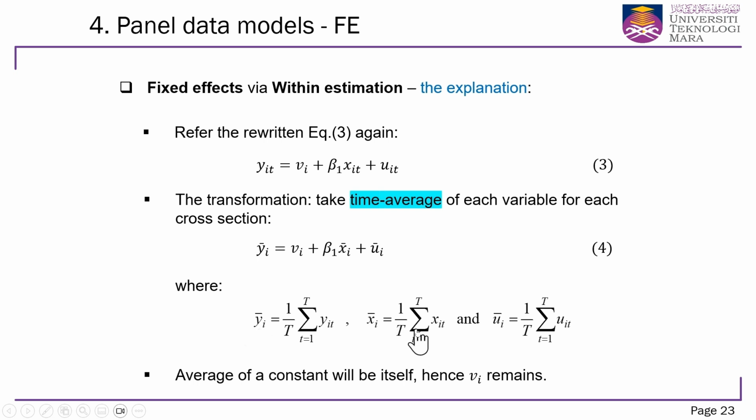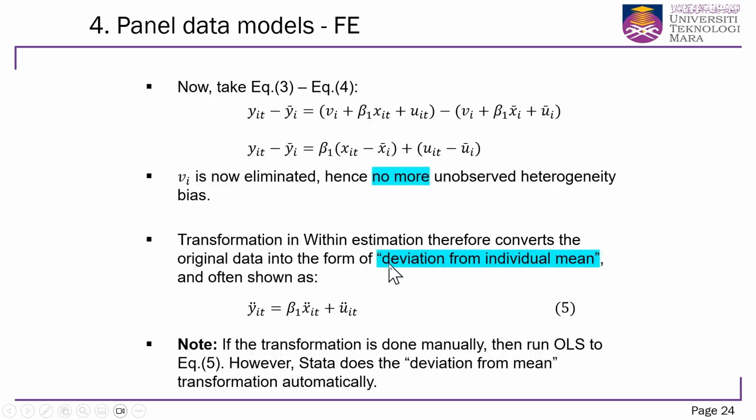The same goes for x, and eventually we can assume that the error term in this average model is going to be the average error term. However, vi is constant. Therefore, an average of a constant will be itself. Therefore, vi will remain in our average equation. Let's go to the next slide.